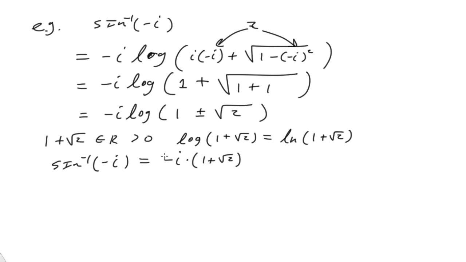Okay, but there's another value for it, and that's for when we have 1 minus square root of 2. This is a real number, but it's less than 0. So we have to write down what that is. 1 minus square root of 2 can be rewritten as square root of 2 minus 1 times e to the i pi.